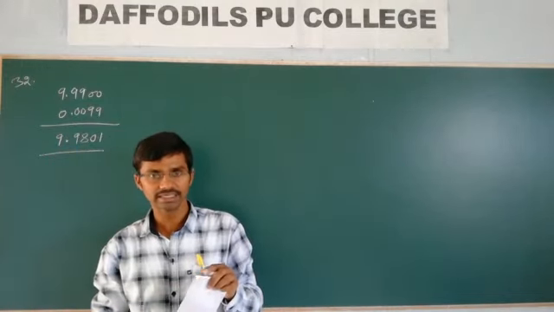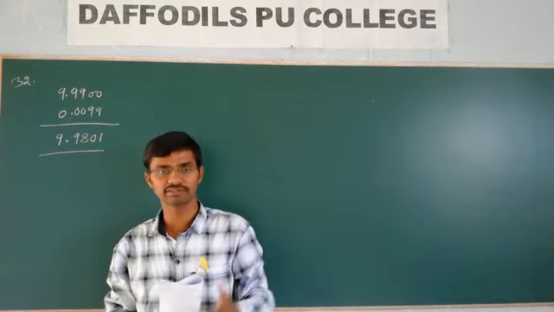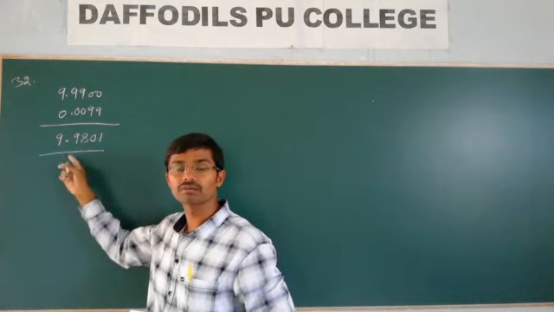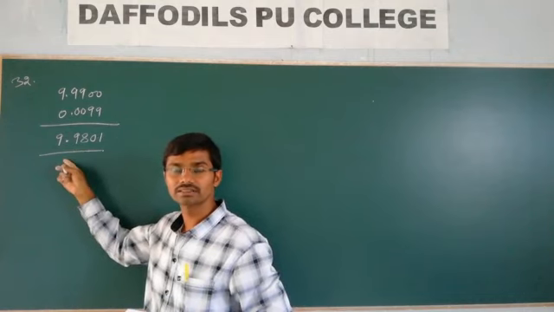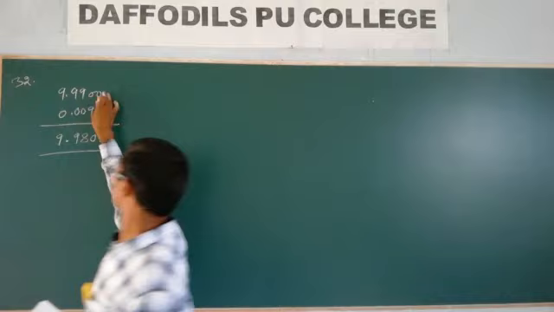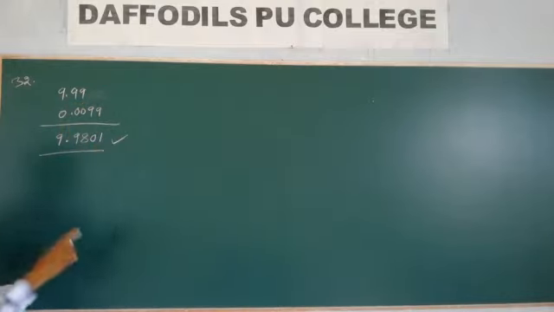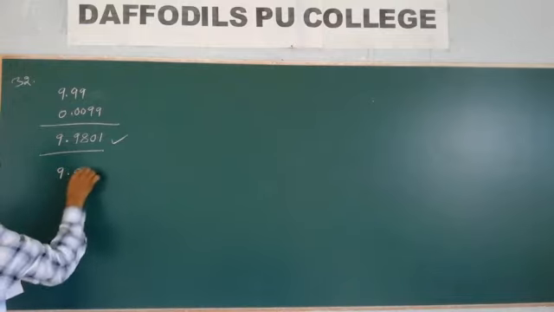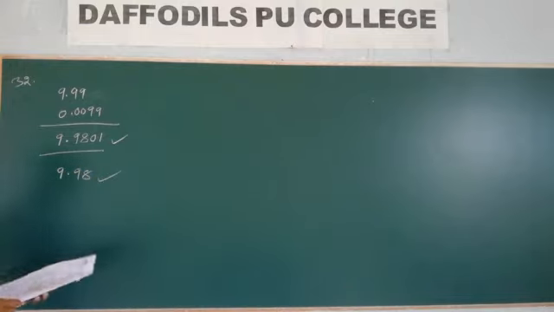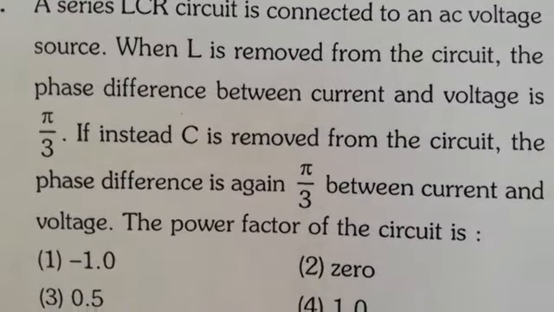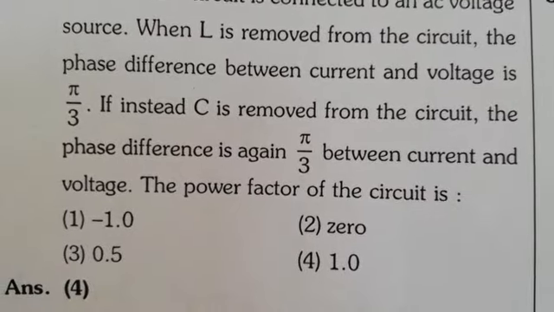Now 10 minus 9 is 1, and 9 minus 9 is 0, here 8 will be 8, 9, giving 9.90. But during addition or subtraction, when we consider the decimals with significant figures, the resultant value must have the number of decimals of the least precise given value. Out of these, the least is only 2 decimals, so the result must be rounded to 2 decimals. Then 9.98 is the correct answer.